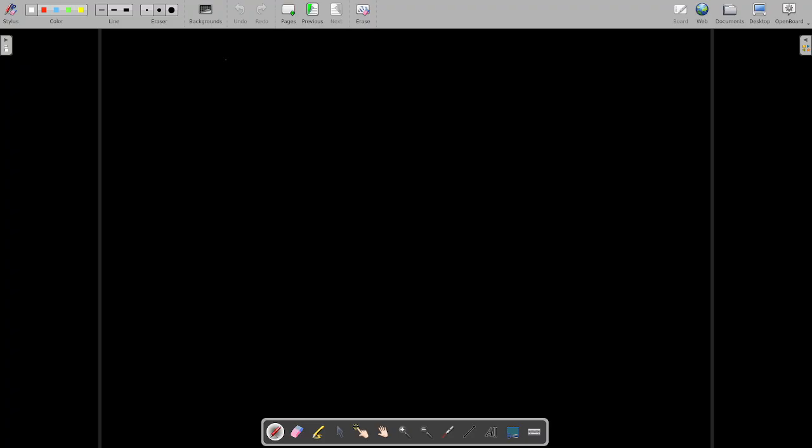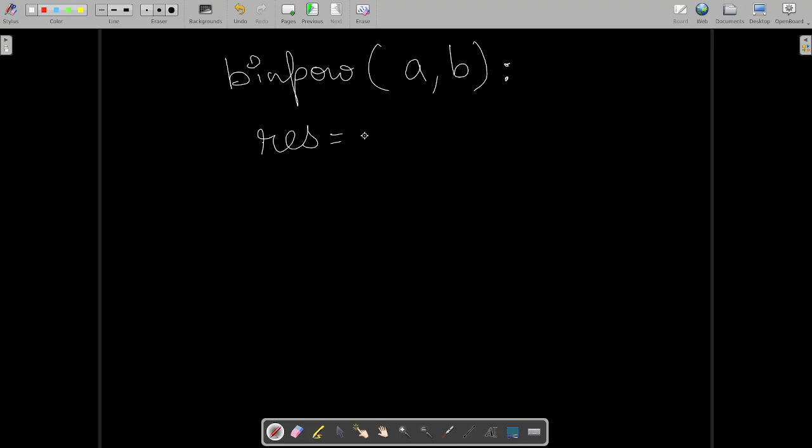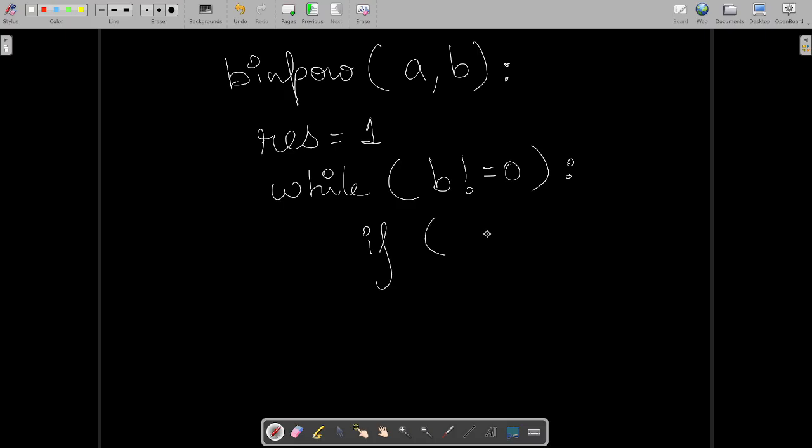So bin pow of a raised to the power b, okay, we take a, b now instead of x. So you put res as 1, and while b is not equal to 0, right, what you do is, if b modulo 2 is 1, basically if b is odd, what you do is res is equal to res into a, right?